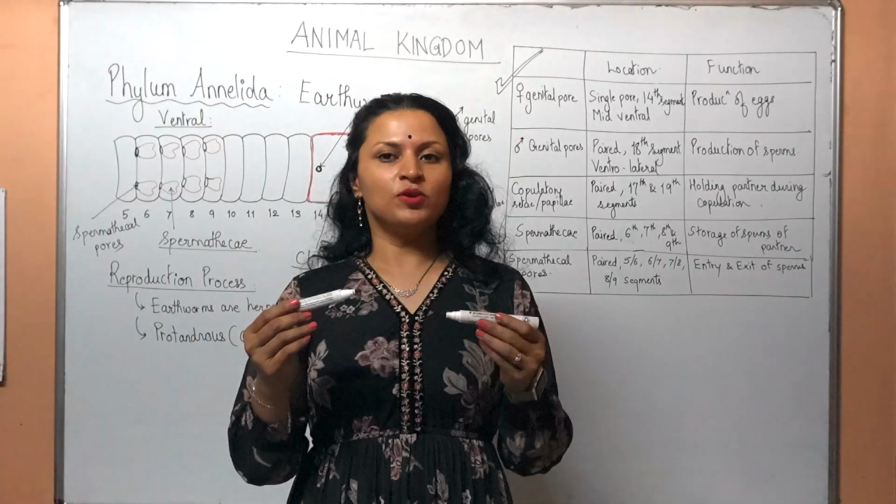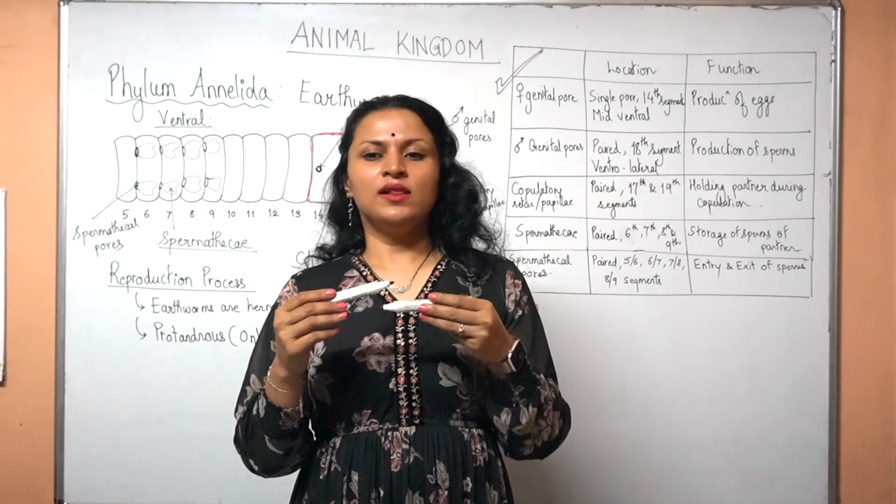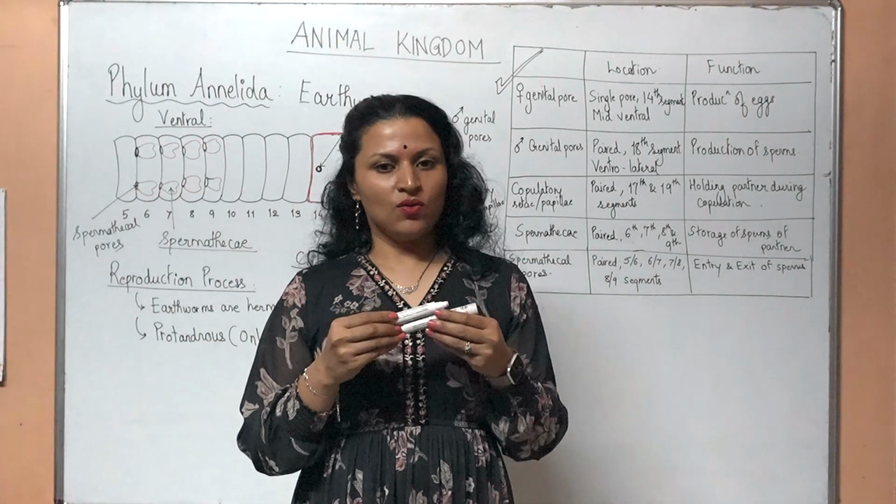The first stage is the copulation, wherein earthworm A will copulate with earthworm B. How does that happen?